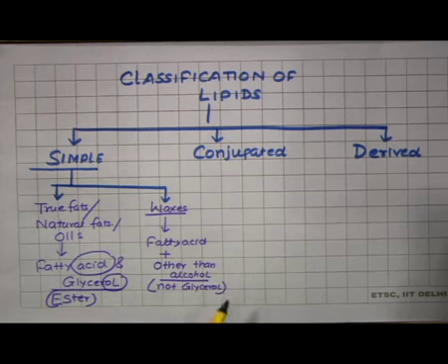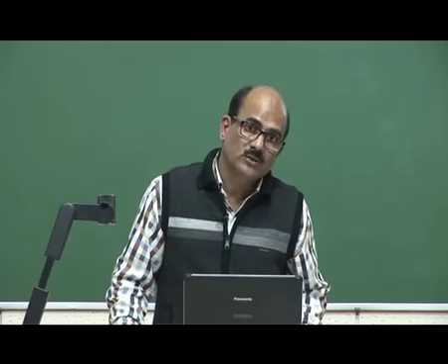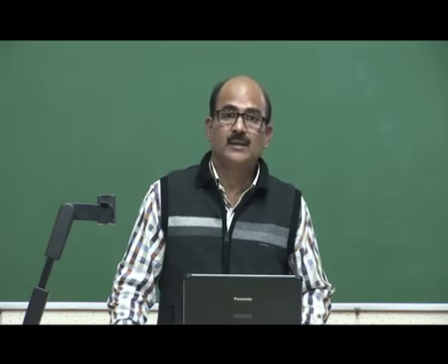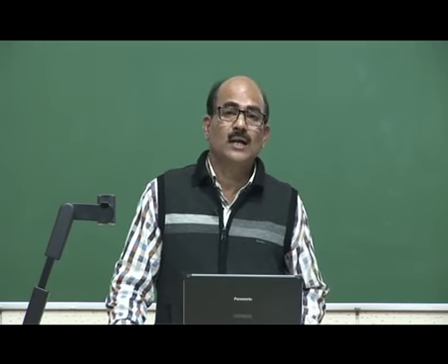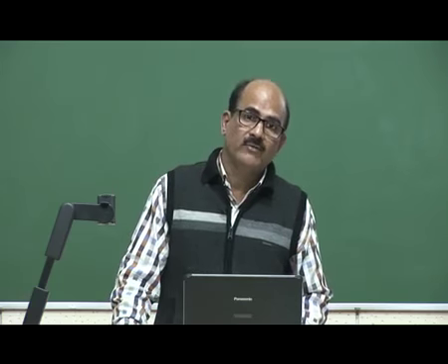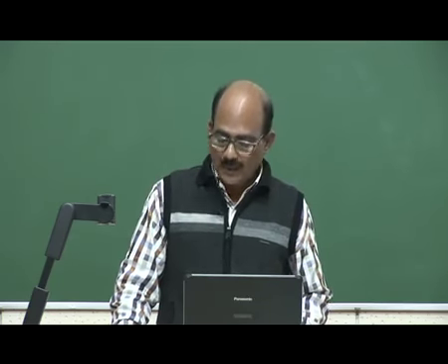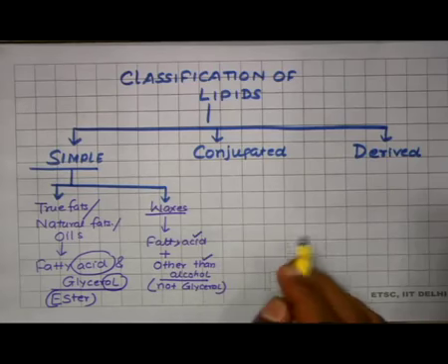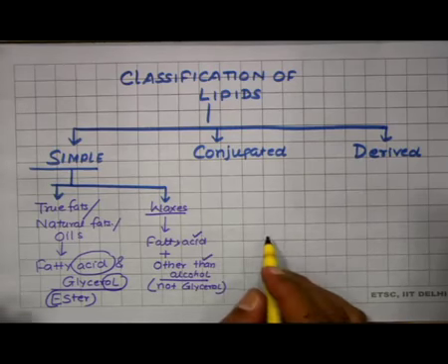So we can simply understand: if the fatty acid combines with glycerol, that forms true natural fat. If another alcohol is combined with the fatty acid, this forms waxes. Okay. Fatty acid and other alcohol form the waxes.